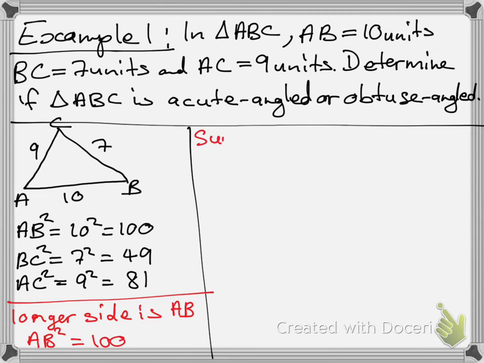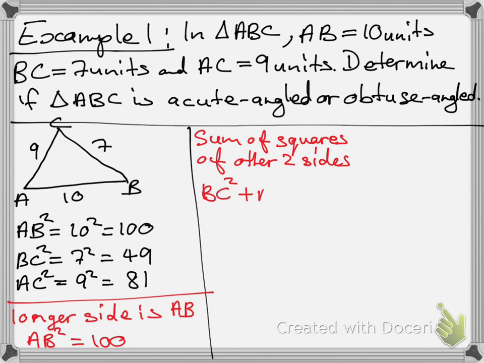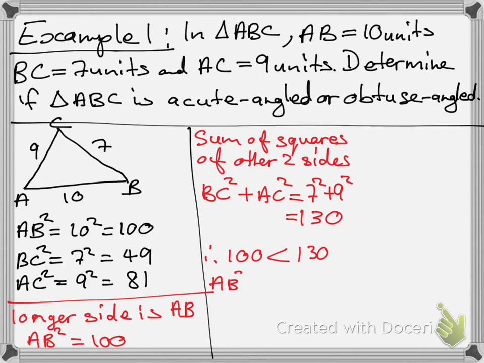So now we're going to find the sum of the squares of the other two shorter sides, which is going to be 49 plus 81, which is BC squared plus AC squared, which is going to be 130.